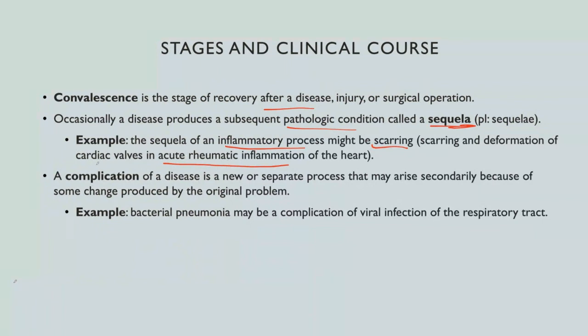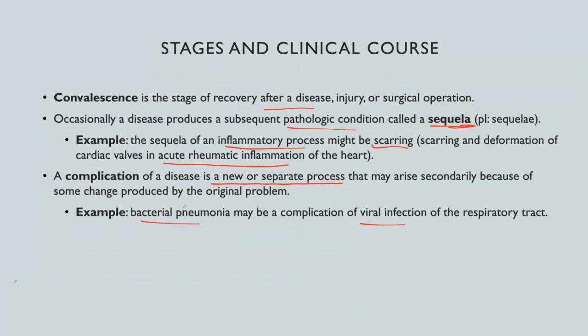And some diseases have complications. It's important to have clear the difference between complications and sequelae. A complication is a new or separate process. For example, a bacterial pneumonia may be a complication of a viral infection. That's something that has nothing to do with the other disease. Normally there are no sequelae as a result of viral infections.